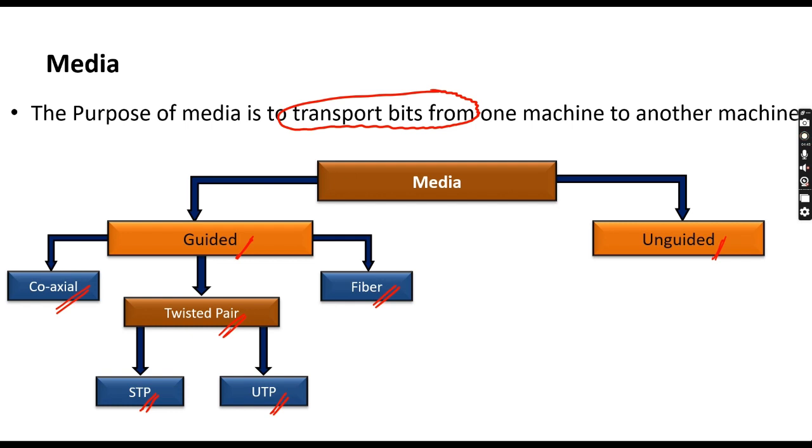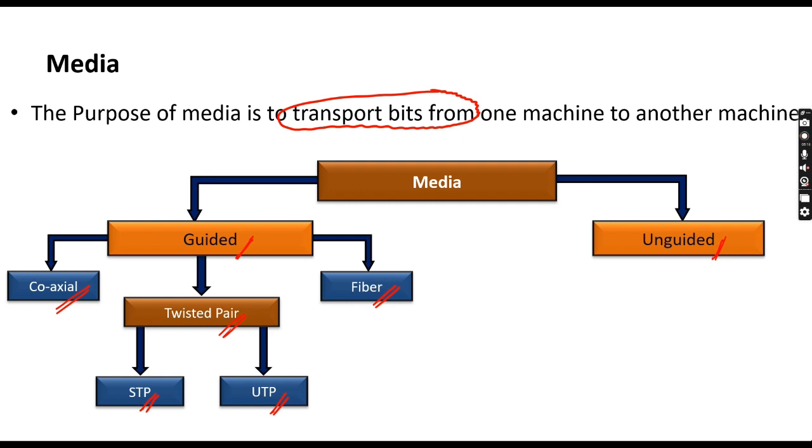UTP, unshielded, is a low quality cable. You will not have proper isolation for each and every wire. So STP is for sure going to be the better cable, with better capabilities, better physical appearance and good performance. UTP is unshielded, where proper isolation will not be there. It is just a low cost cable, in simple terms.